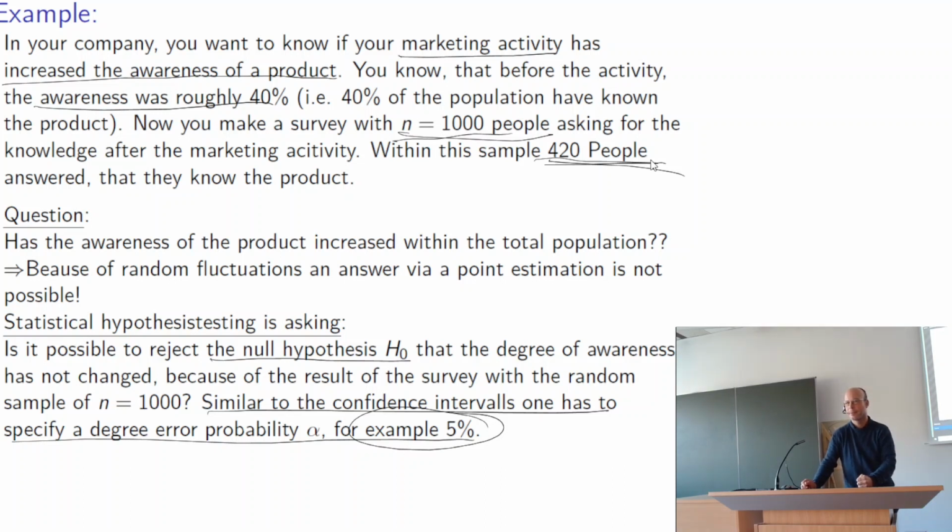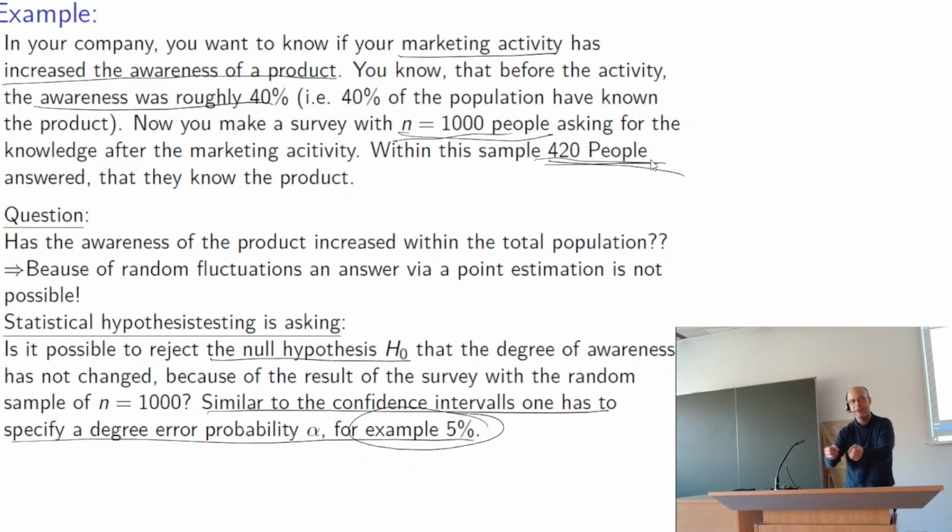And then I will test from my data, and from my assumptions about the distributions, normal distribution and so on, whether I can reject this hypothesis that nothing has changed.